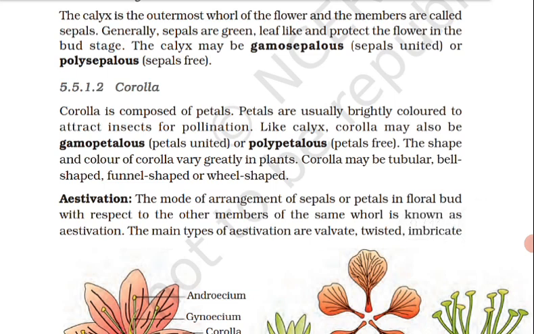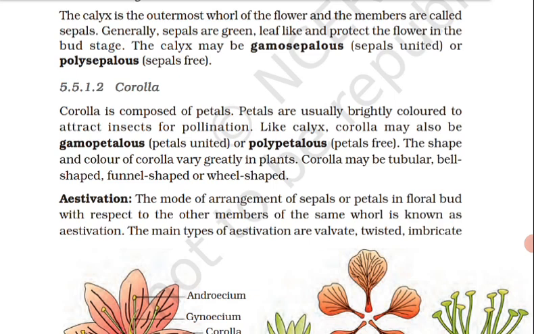The pericarp may be dry or fleshy. When the pericarp is thick and fleshy, it is differentiated into the outer epicarp, the middle mesocarp and the inner endocarp. In mango and coconut, the fruit is known as drupe. They develop from monocarpellary superior ovaries and are one-seeded.